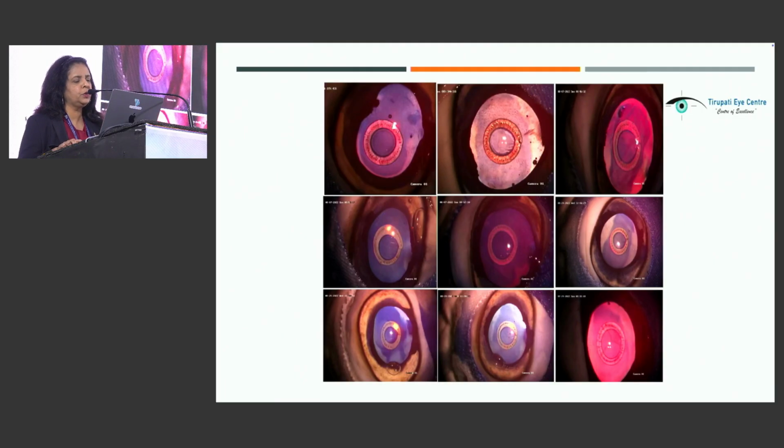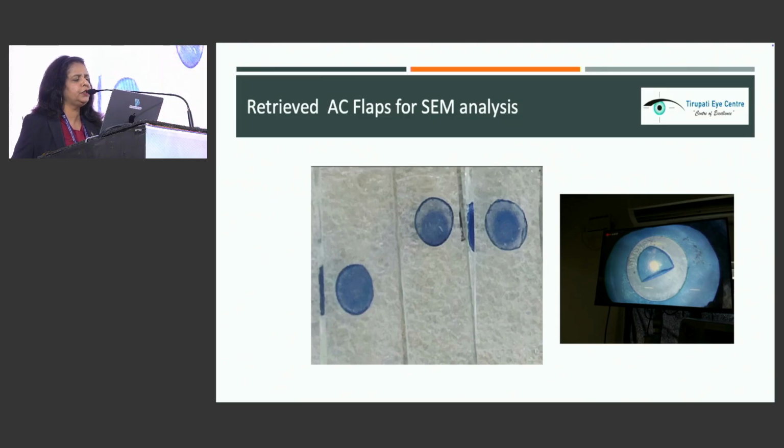And these are the retrieved anterior capsular flaps, which were analyzed in the electron microscope, and it was found that these flaps had outturned edges. So this was probably responsible for the rhexis having a very good strength when we actually did it on humans.